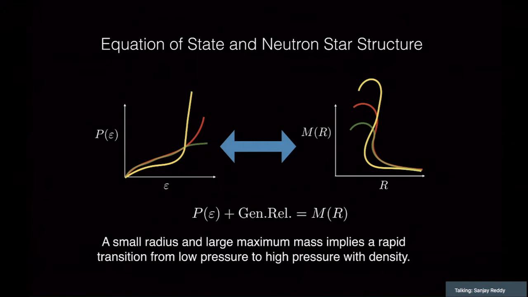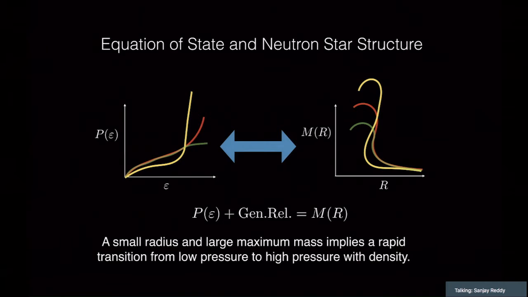So a very simple conclusion we can draw from the correlation between pressure as a function of energy density and mass as a function of radius is that if we observe in nature that the radius of neutron stars is small, but their maximum masses are large compared to, say, one solar mass, then it has a very specific implication for the properties of high density matter.